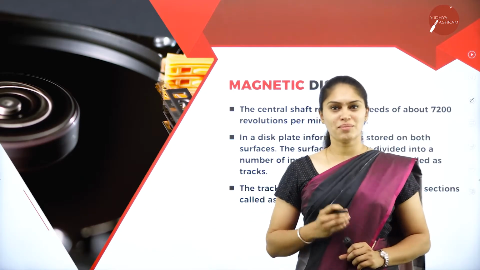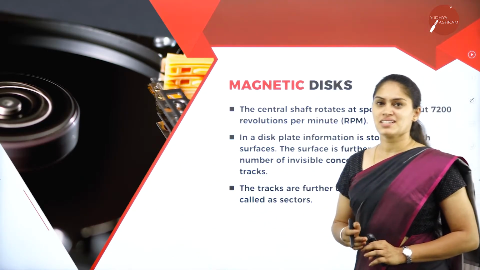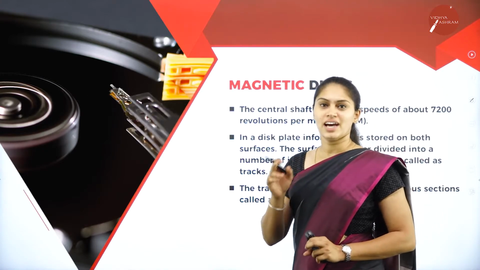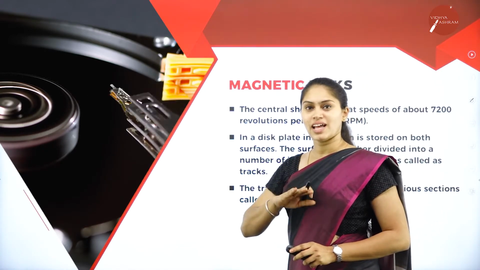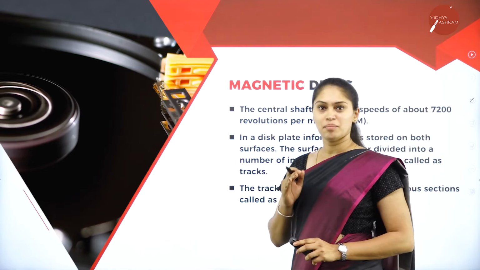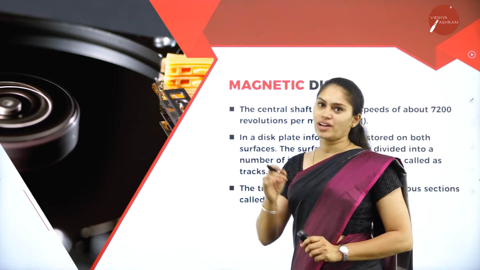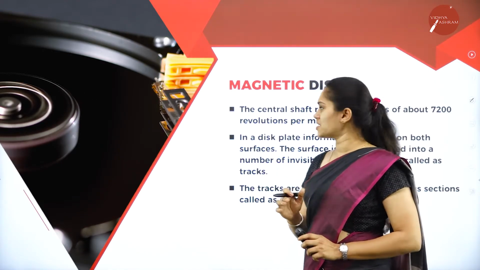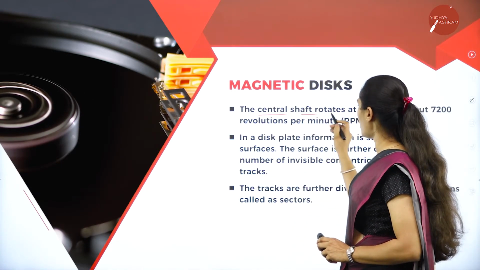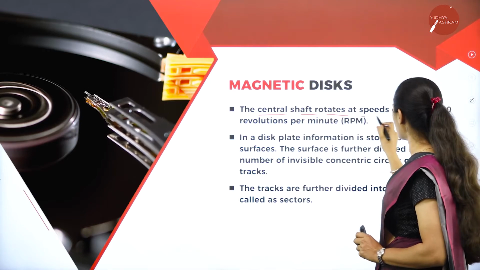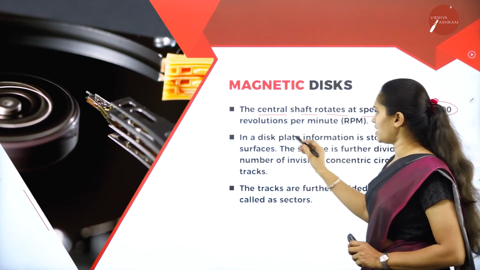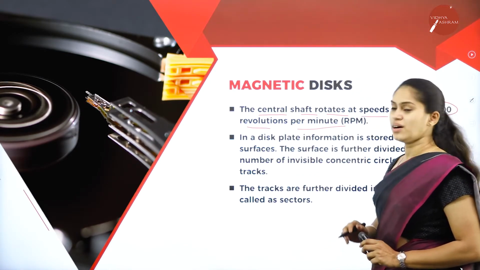I have already discussed that the magnetic disk is a circular plastic plate coated with magnetic material. Whatever data and information we have will be stored on that magnetic disk. The central shaft rotates at a speed of about 7,200 revolutions per minute.